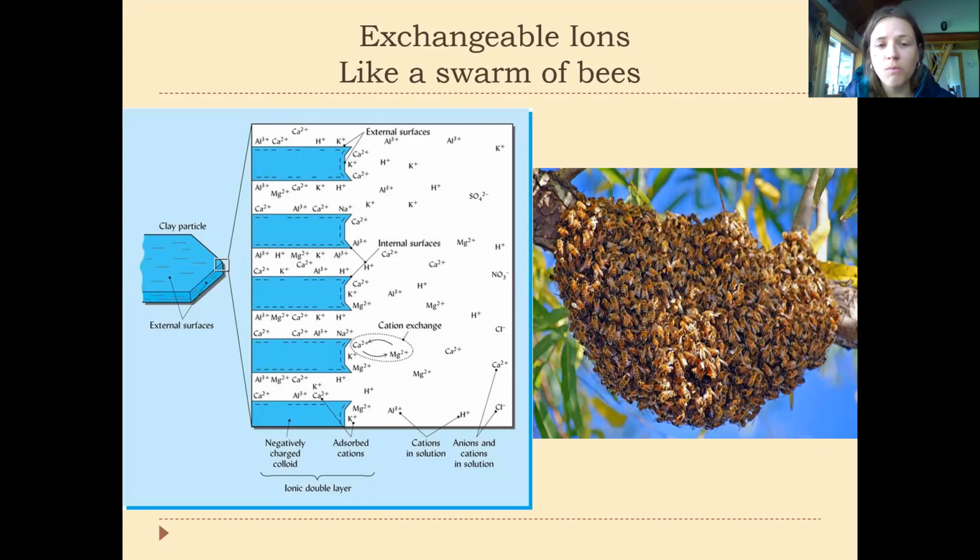That's good, because we want elements to be held in the soil. We don't want them to all just be washed out, but we also want them to be held not so tightly to the soil that they're not available to plants. So if there's this constant exchange going on, that means they're there in the soil, but also going to be available to organisms and plants that are trying to access them.